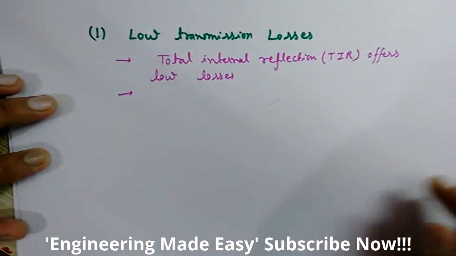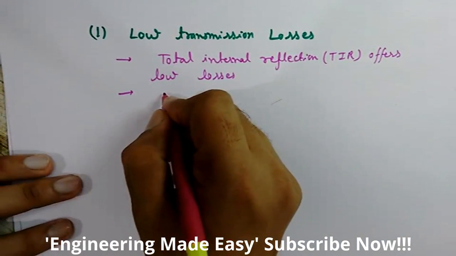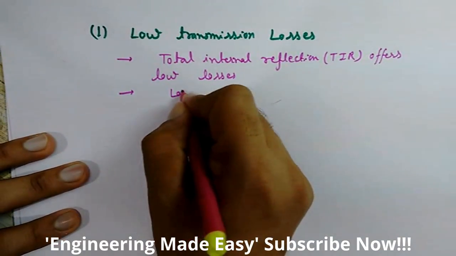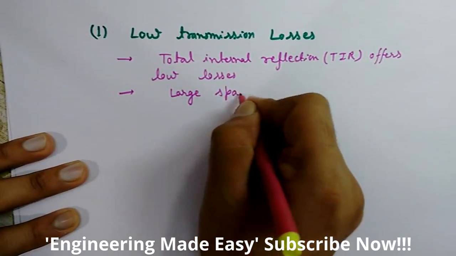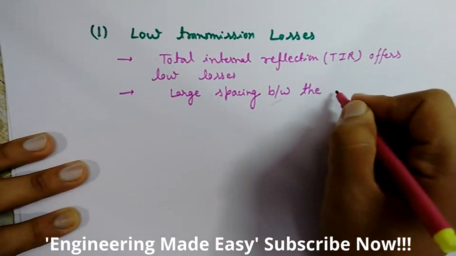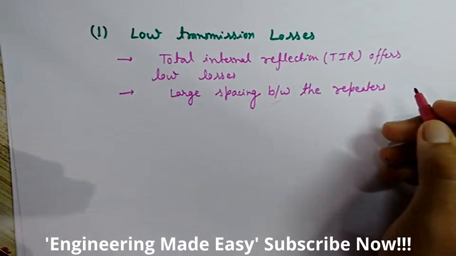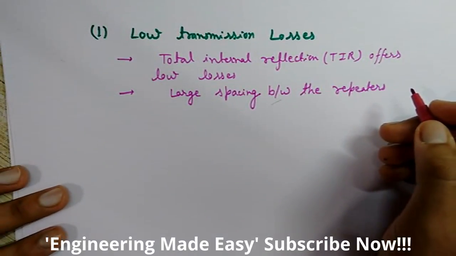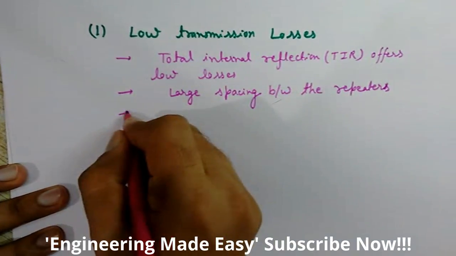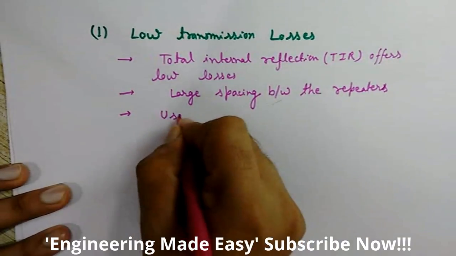Ideally total internal reflection is lossless. So because of this we can have large spacing between the repeaters that we use to regenerate or reconstruct the weak signals. So it is used for long distance communication.